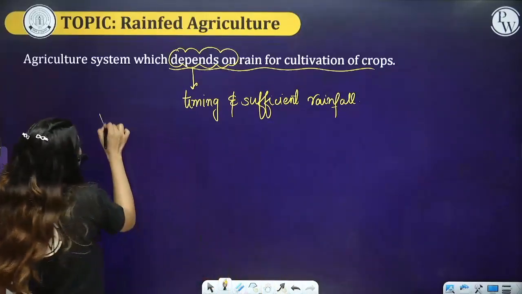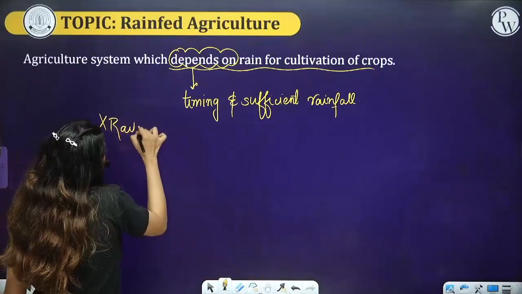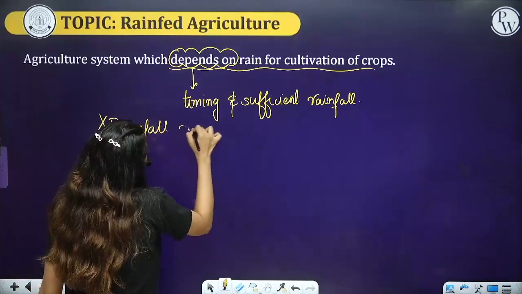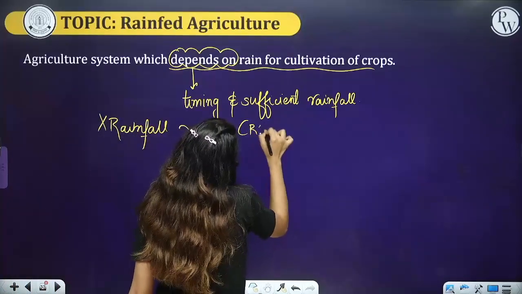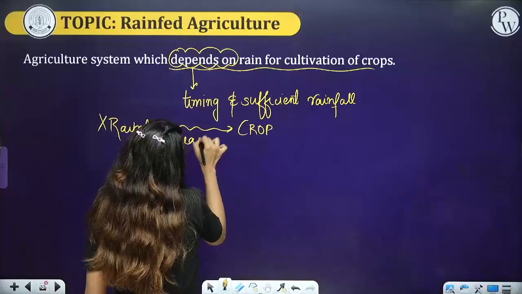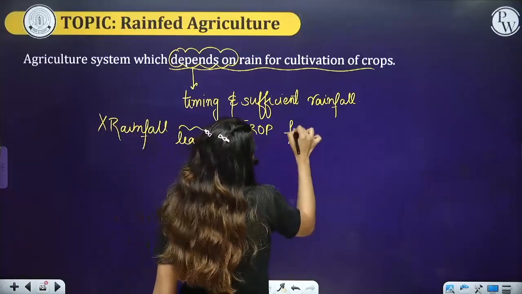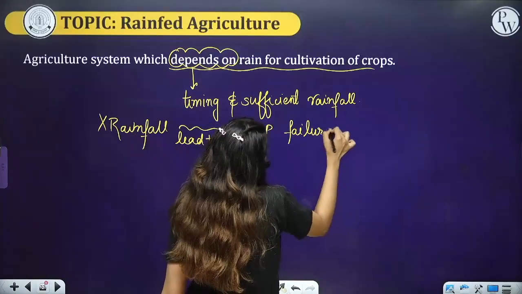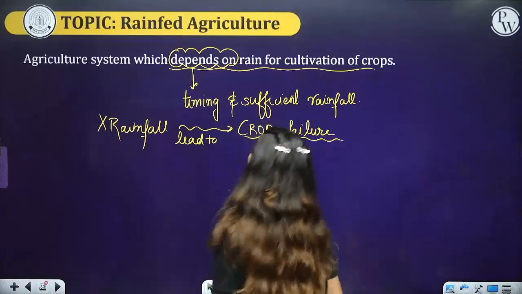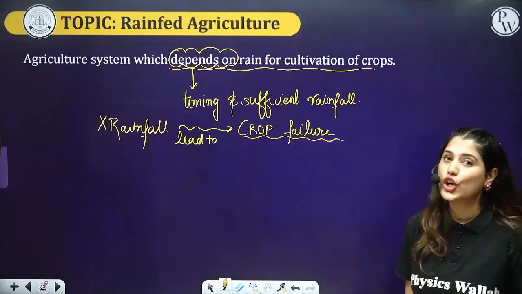Basically, no rainfall will lead to crop failure, right? Crops are not going to grow because they require water for their growth.